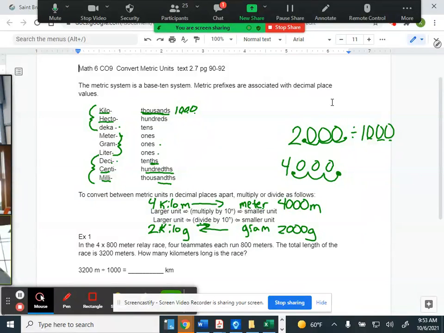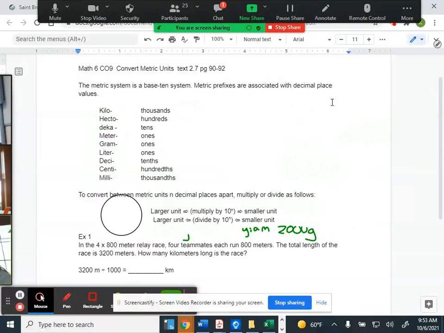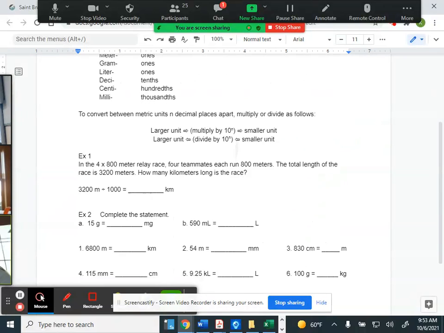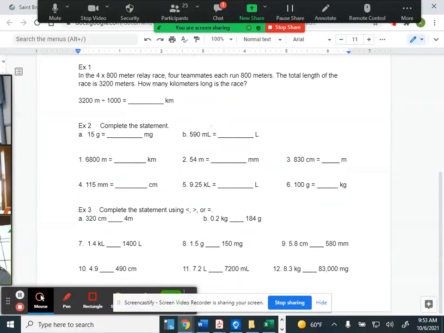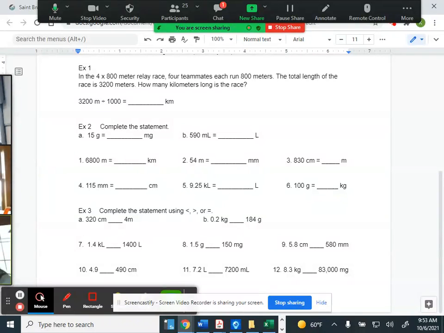Let's do some more examples of this. In the 4 by 800 meter relay race, 4 teammates each run 800 meters. The total length of the race is 3,200 meters. How many kilometers long is the race? Well, we're going from 3,200 meters, from a lot of the little number to a big number.